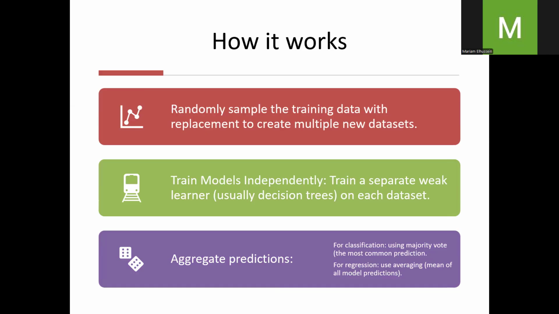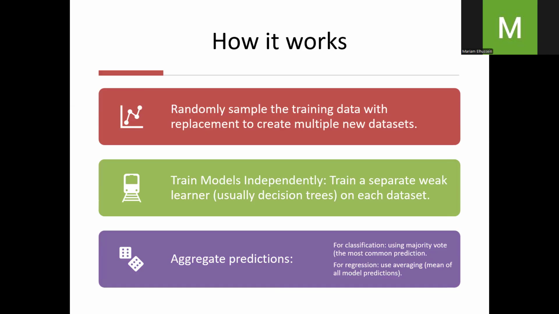But because it's with replacement, we sample 25, train the model, return the 25 to the data set, and sample another 25, which means that some of the instances can and will repeat when we are training other models. We are training these models independently, so there is no connection. After that, we will be aggregating the outcome.